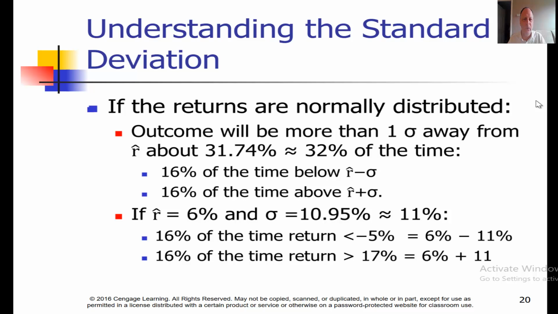In our example, the expected rate of return is 6%, and the standard deviation is around 11, so 16% of the time the rate of return will be below minus 5, or 6 minus 11, and 16% of the time the rate of return will be above 17, or 6 plus 11.